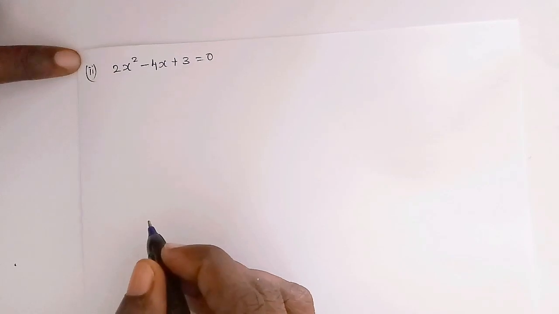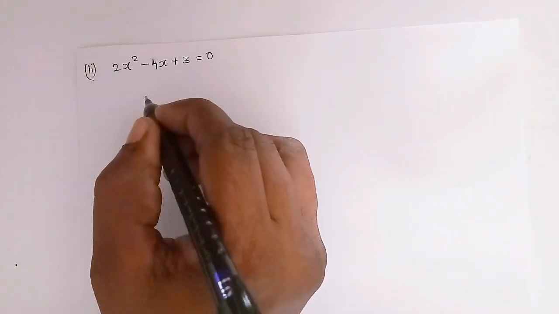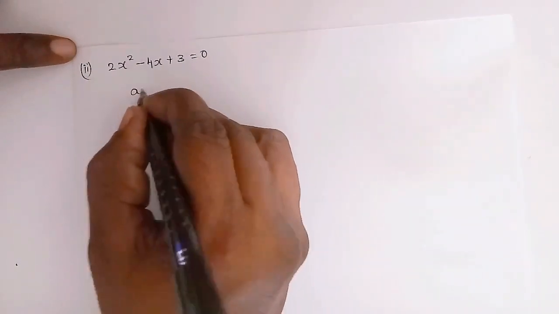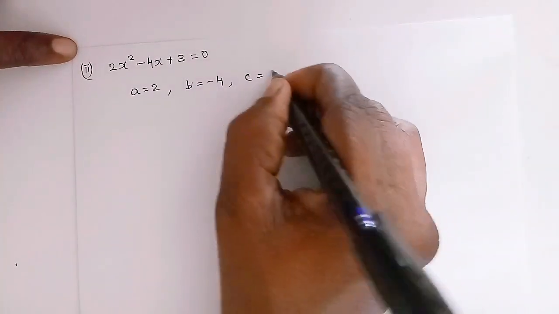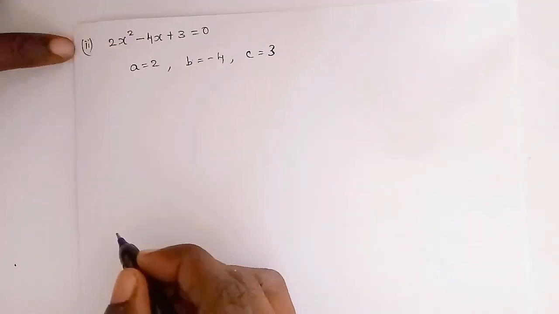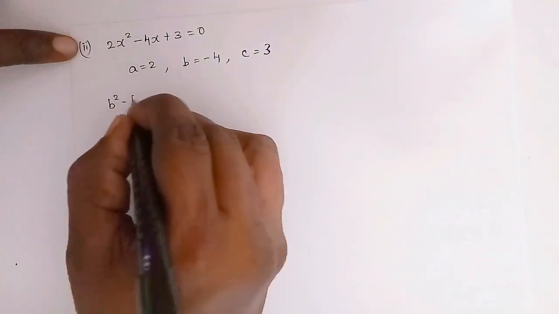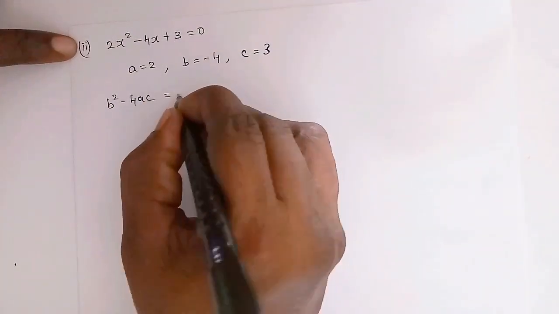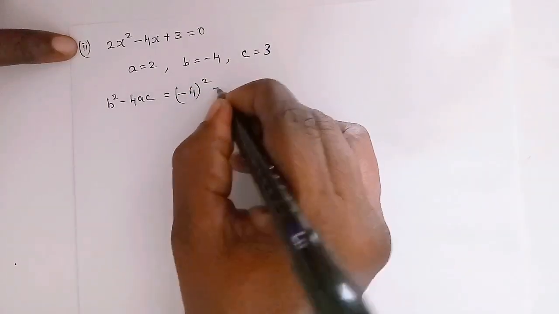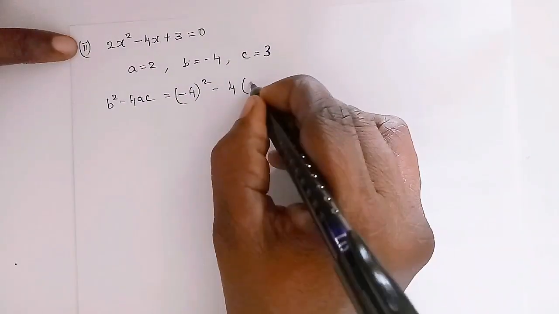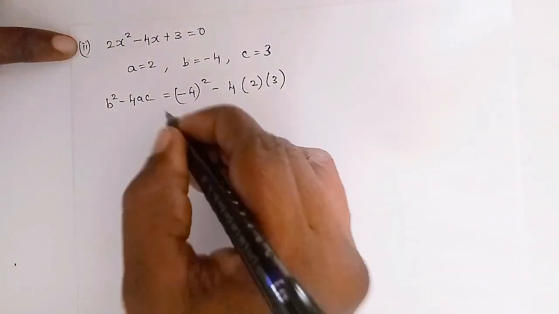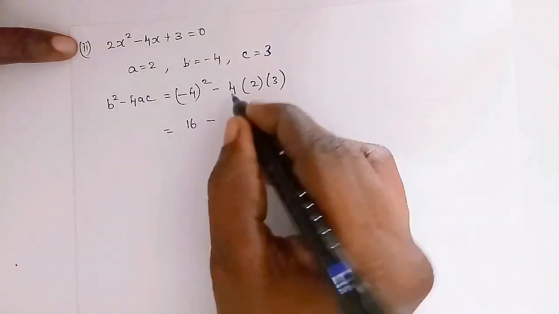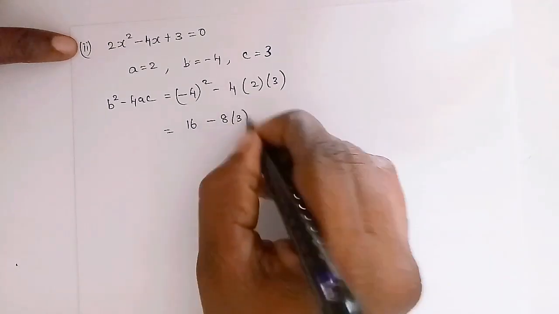It's 2x square minus 4x plus 3 equal to 0. By comparing it with the general equation, a equal to 2, b equal to minus 4, c equal to 3. Now, b square minus 4ac equal to minus 4 whole square minus 4 into a value 2, c value 3. That is minus 4 whole square, it is 16, minus 4 2s are 8 into 3.